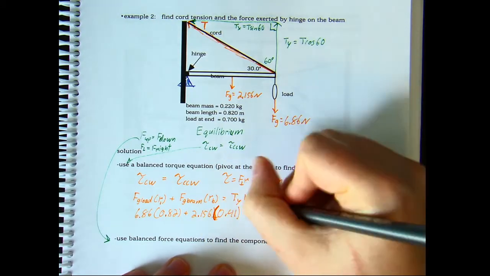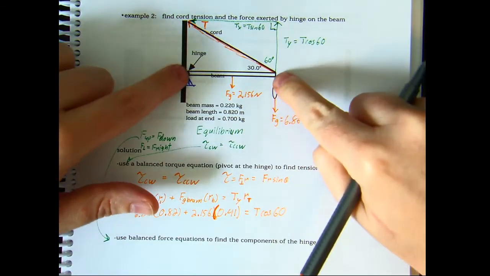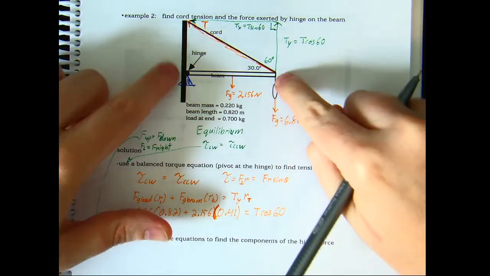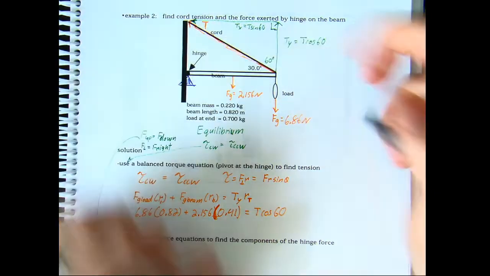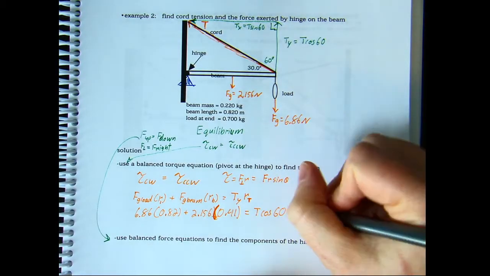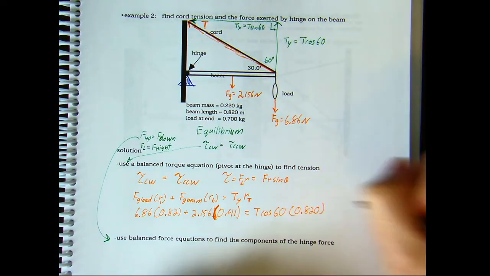And that's going to equal T cos 60 times the distance from the pivot to where the tension acts on the beam, which is the very end. So that's just the length of the beam, which is 0.82.